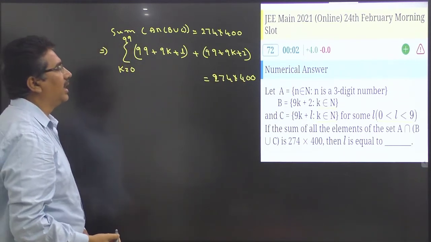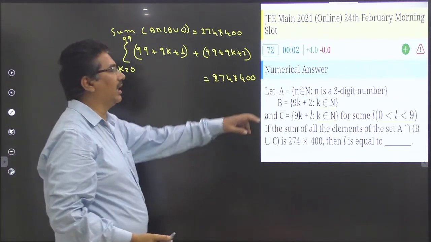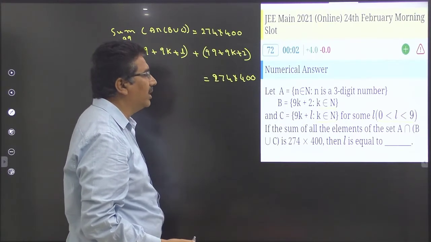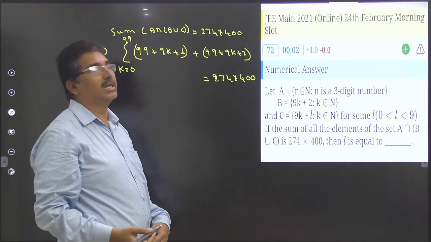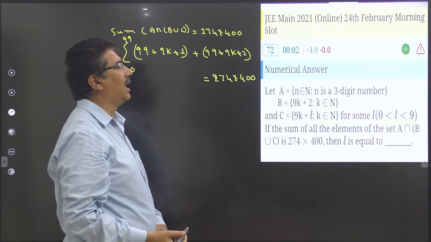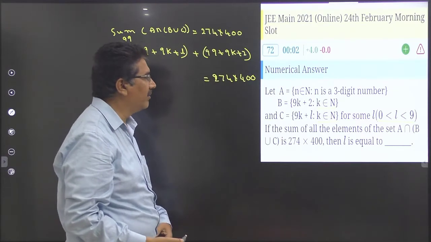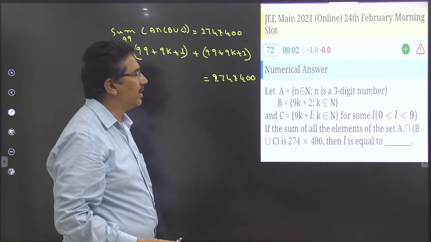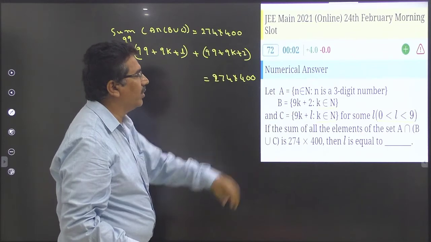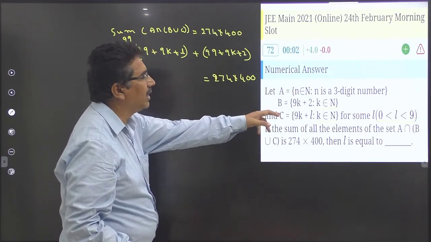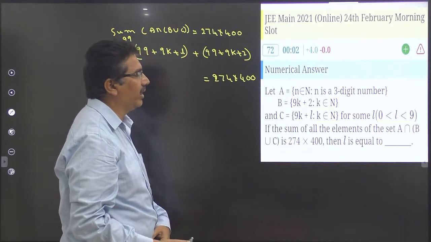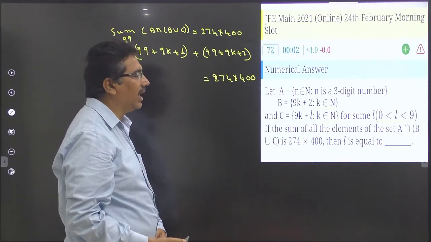Once again, given set A is the 3-digit numbers, starting from 100 to 999. B is a set containing 9k plus 2, k belongs to N, and C is 9k plus L, where L lies between 0 and 9.